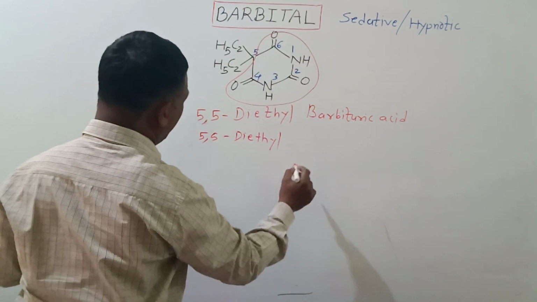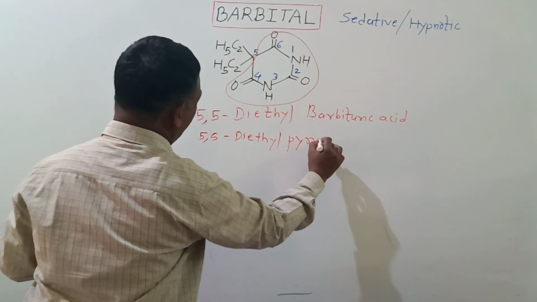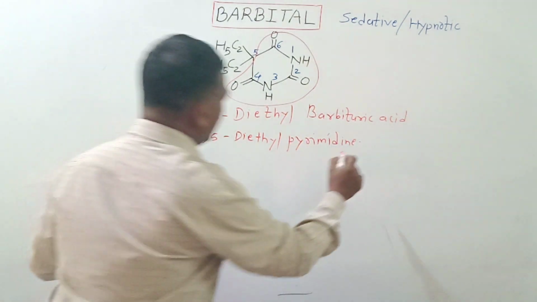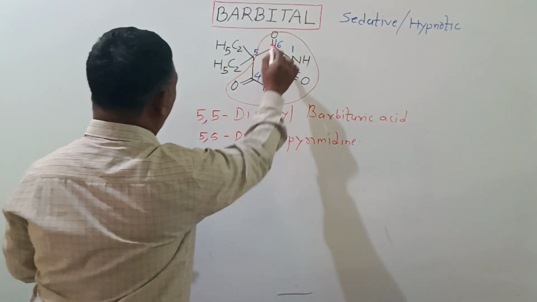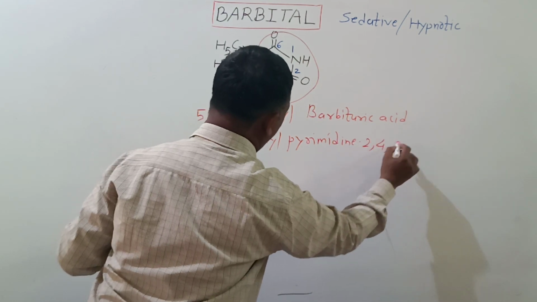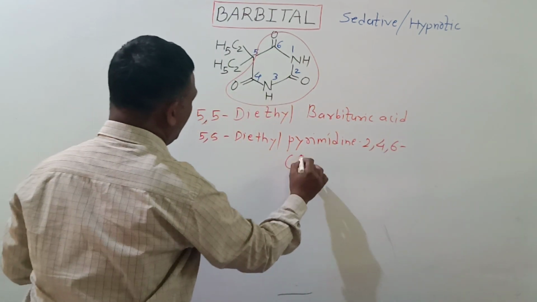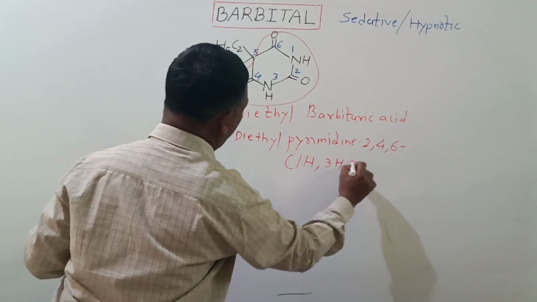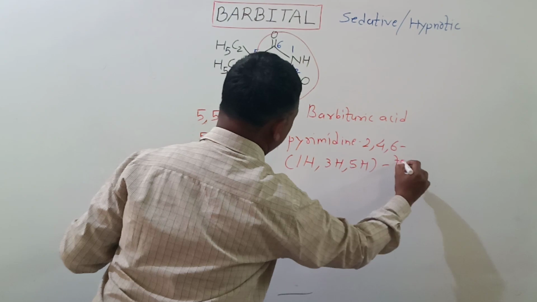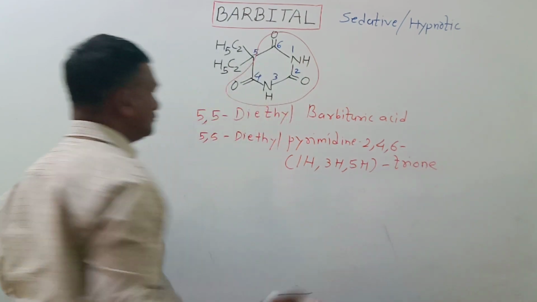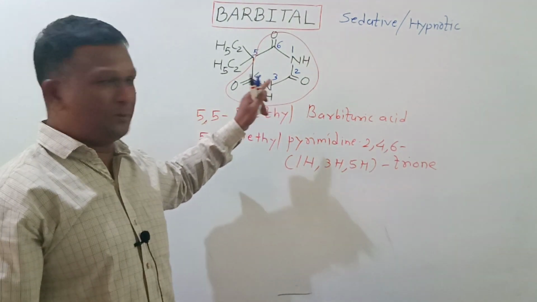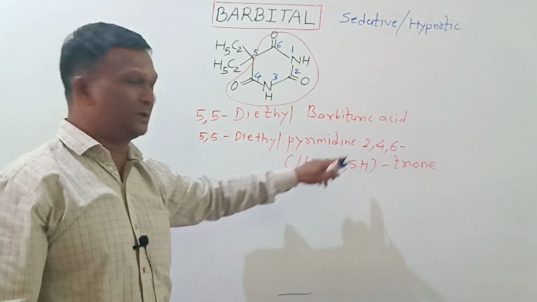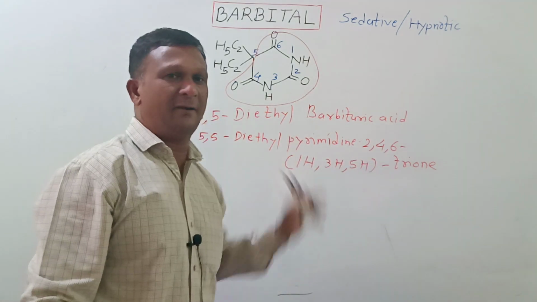The basic heterocyclic nucleus is pyrimidine, 2,4,6, 1H, 3H, 5H trione. As we can see, there are 3 oxo groups at 2, 4 and 6 positions. So we write it 2,4,6-trione.